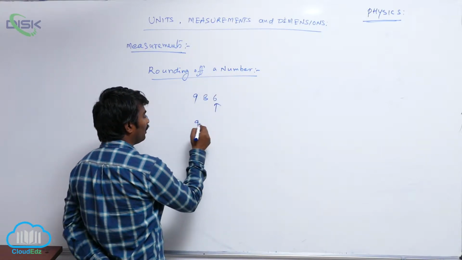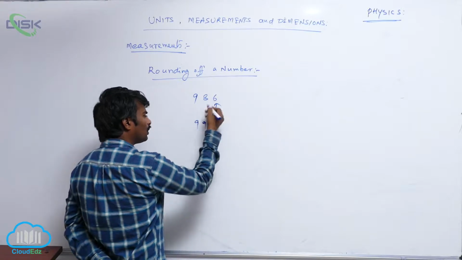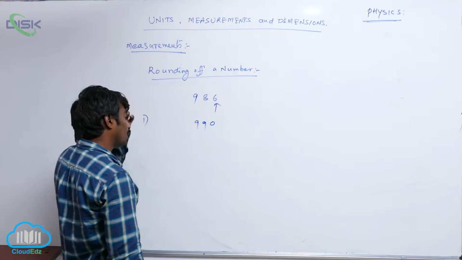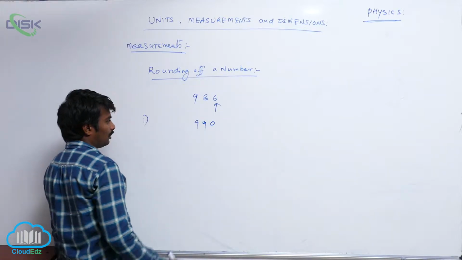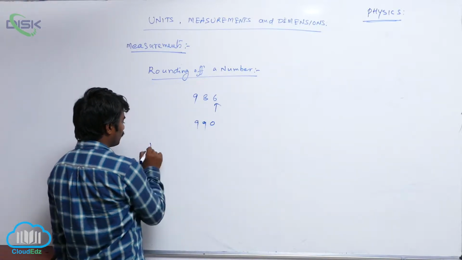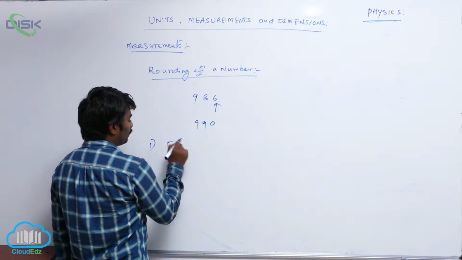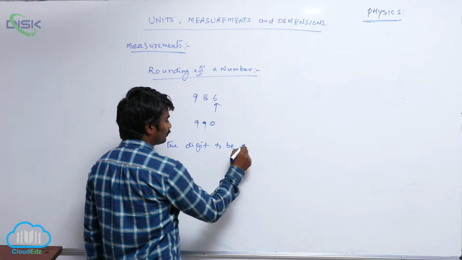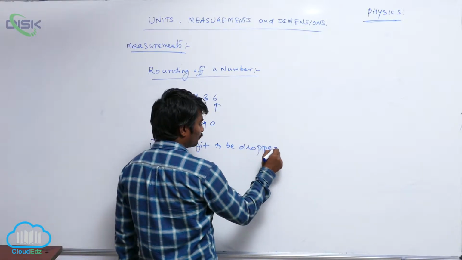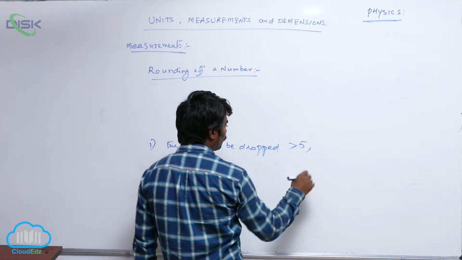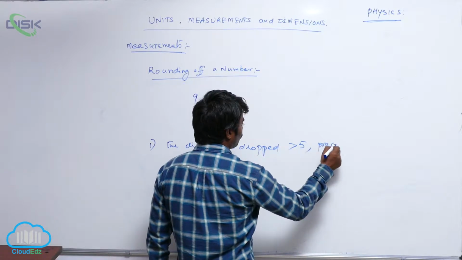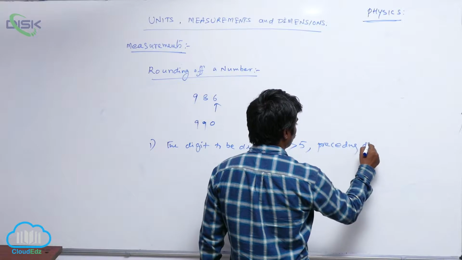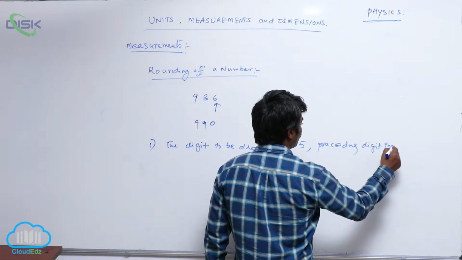That means 8 becomes 9, and here you are dropping 6, that's why you just keep 0. 990. That is, the first rule: the digit to be dropped is greater than 5, then the preceding digit or previous digit increases by 1.